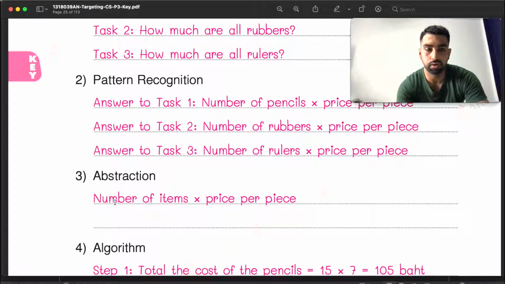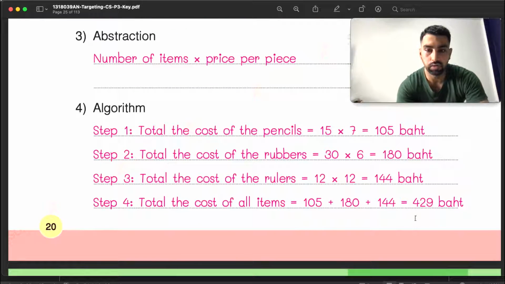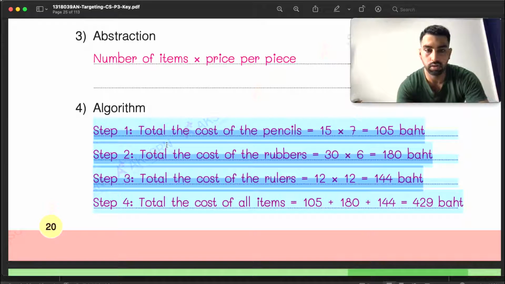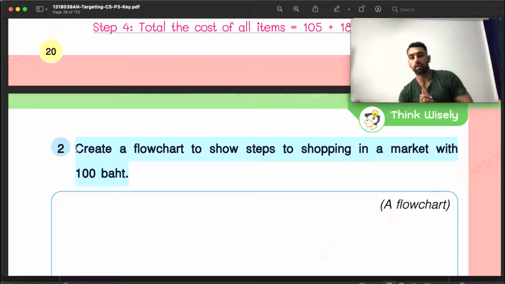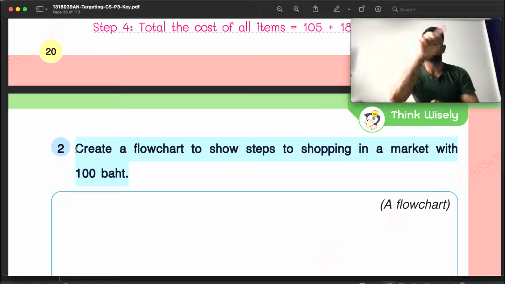Okay, this is the abstraction. So these are the steps you have to follow, and you have to work out how much it is. Okay, alright. Now this is for you guys to make: you have to create a flowchart.